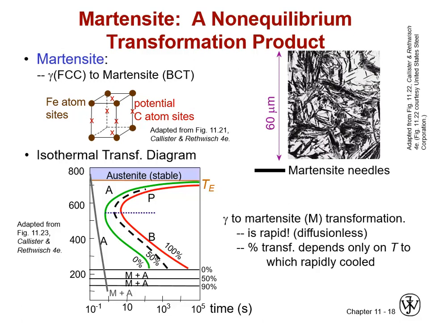Every single iron atom in that crystal lattice is in a non-equilibrium position. The entire lattice is strained in 3 dimensions. And because of that, it has a hardness and a strength that exceeds just about any other metal that you can achieve.